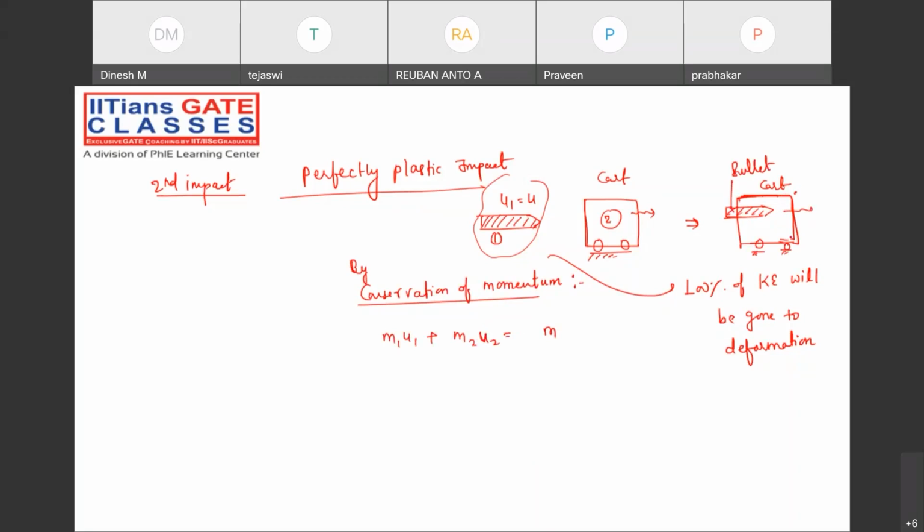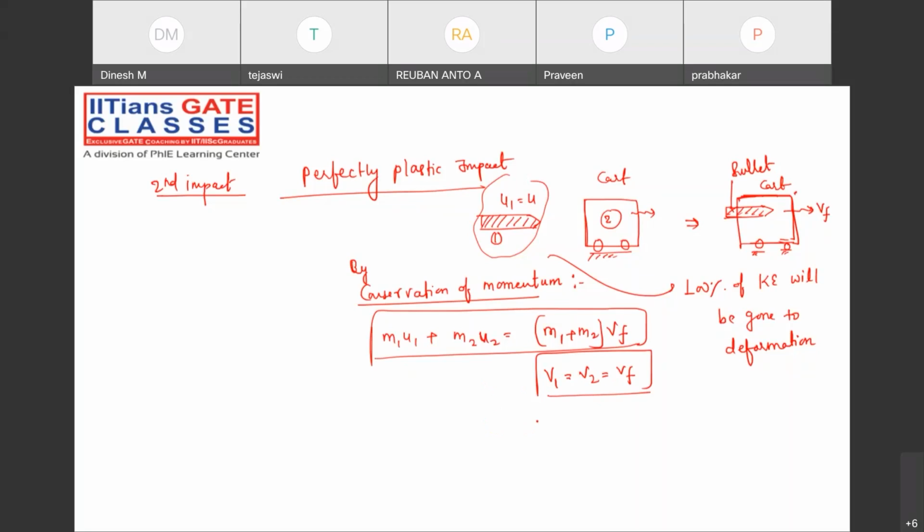Will it be same or different? Suppose it gets embedded into the cart, it is just attached with the cart. Then what will be the final velocity? Will it be same for both bullet and cart or not? So can I say (m1 plus m2) into v final? That means the final velocity for the bullet as well as the cart is equal to Vf only. Check it out. Please check it out. Conservation of momentum, whether it is clear or not. Initial momentum is equal to final momentum.